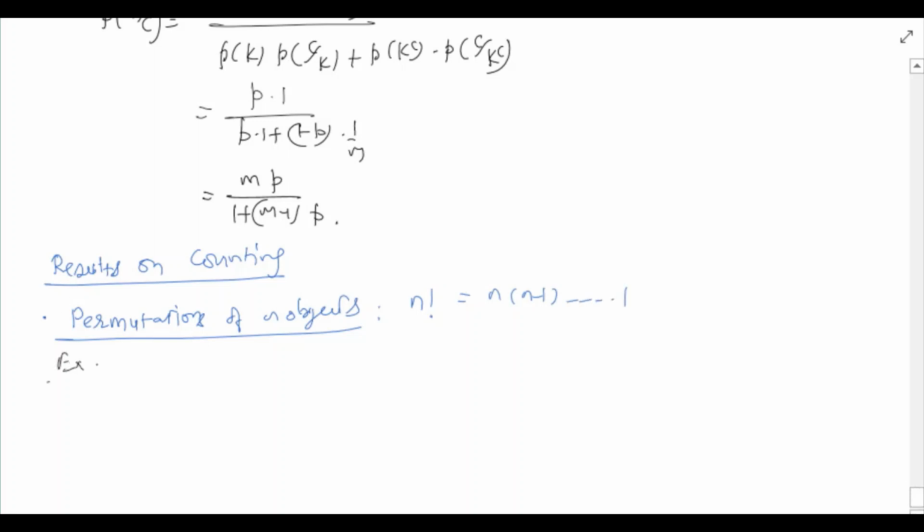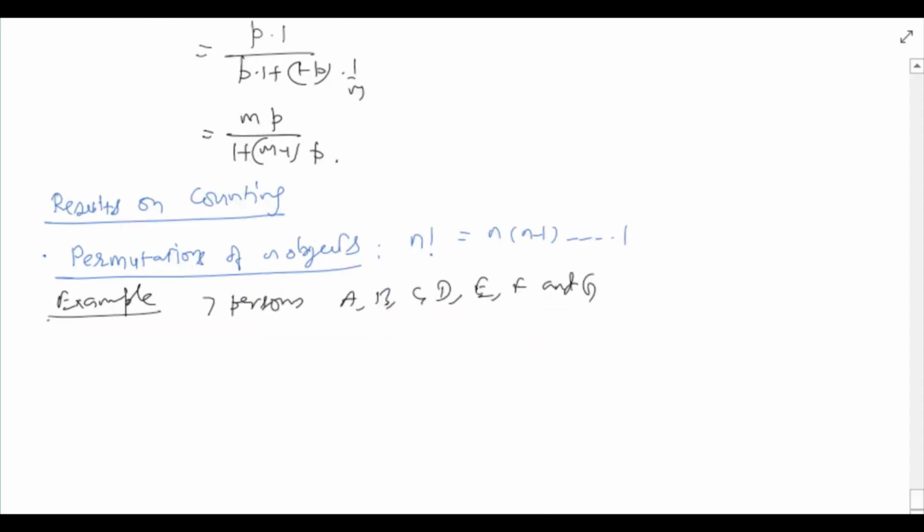For instance, suppose we have 7 persons, A, B, C, D, E, F and G, and we want to arrange these people in a row. In how many ways can we arrange these people in a row?